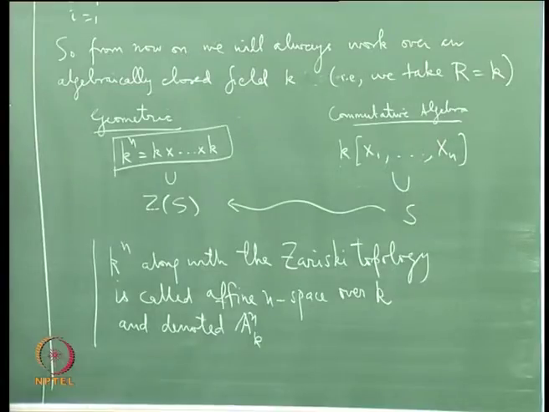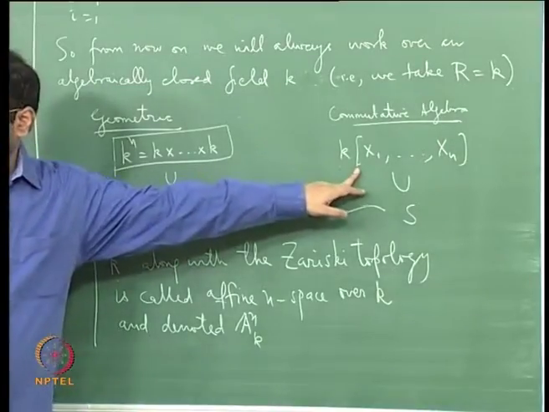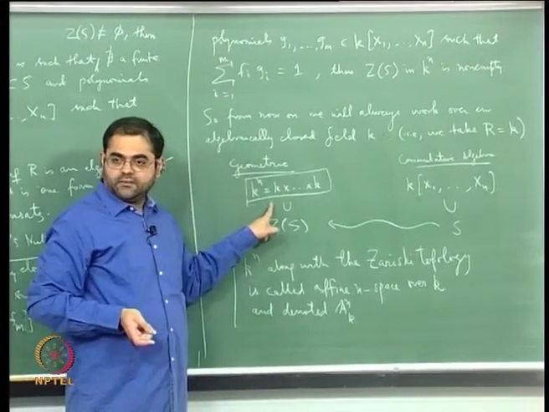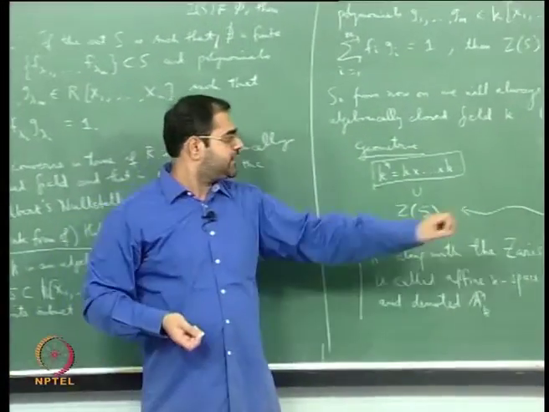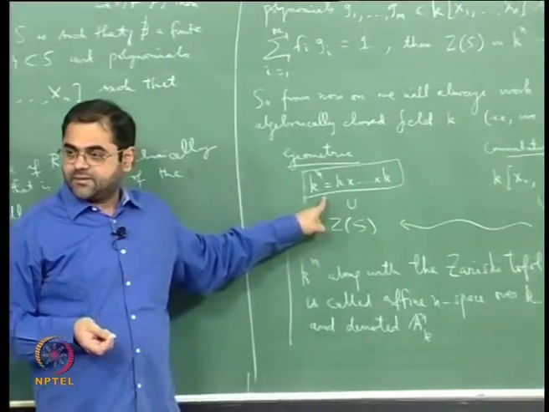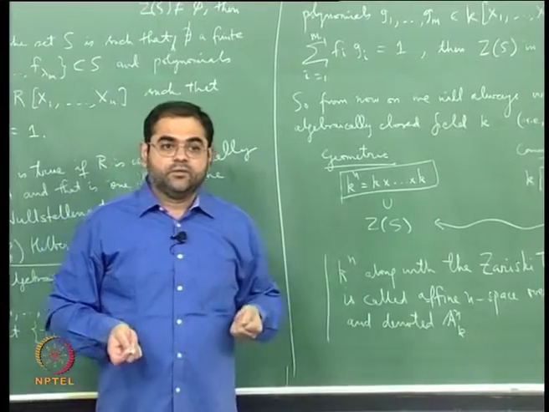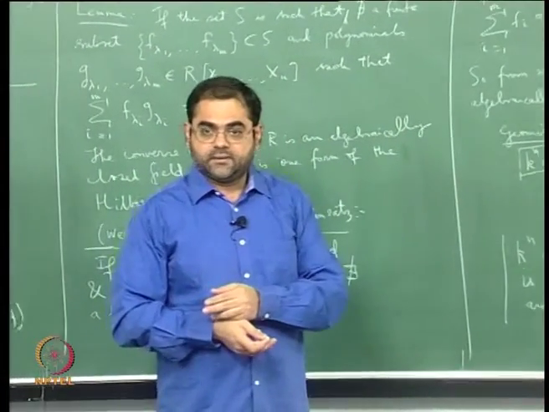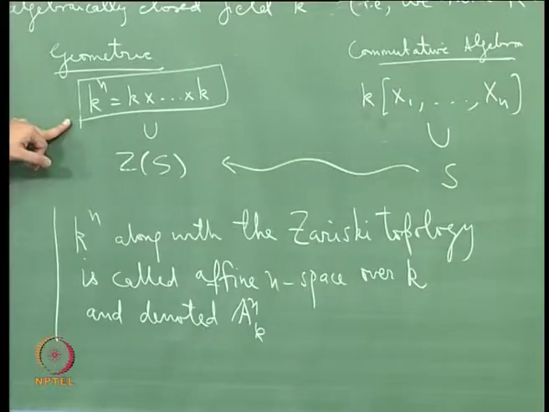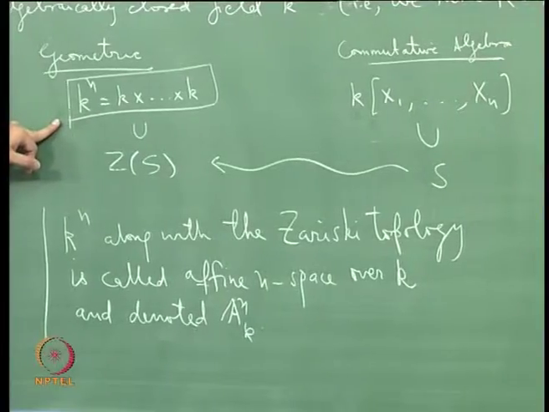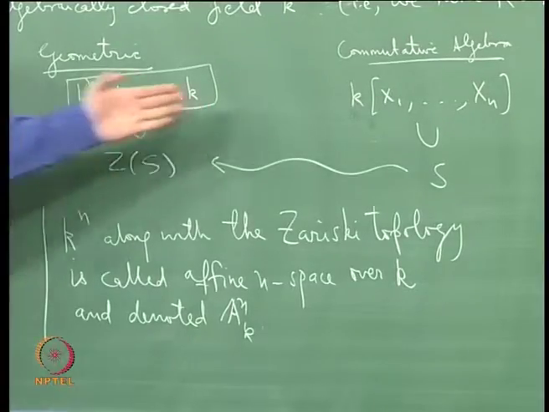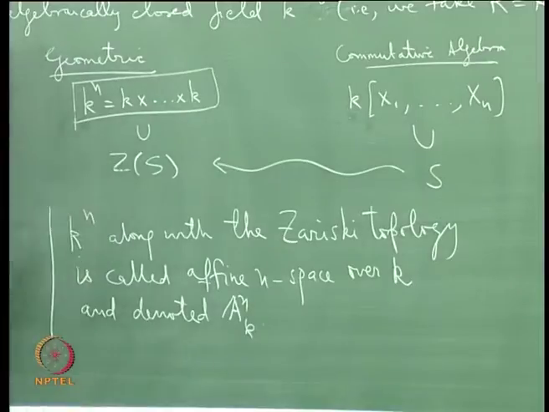Of course you take any polynomial here and you take a point here, if you evaluate the polynomial at that point you get a value. So certainly the elements here, which are polynomials, are functions on this space, and what you do is you call a subset closed if it is the zero locus, the common zero locus of a bunch of polynomial functions, which is exactly what this is, okay.